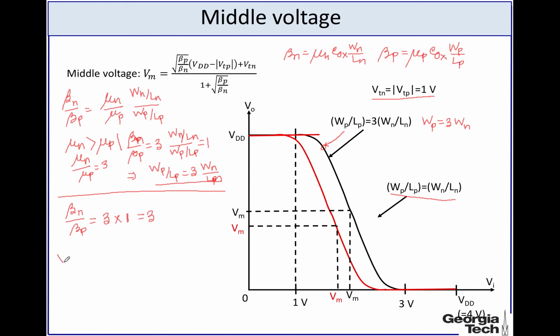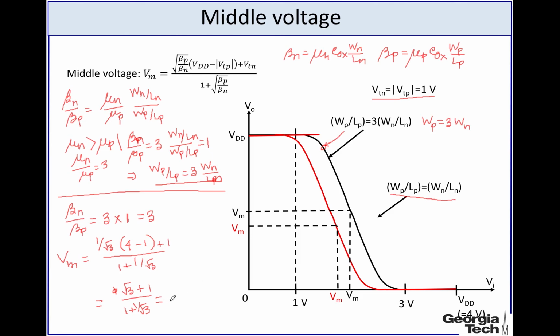Alright, so let's see what will be the value of Vm. So Vm will be equal to, so beta p over beta n is basically 1 by square root of 3, multiplied with 4 minus 1 plus 1, over 1 plus 1 over square root of 3.